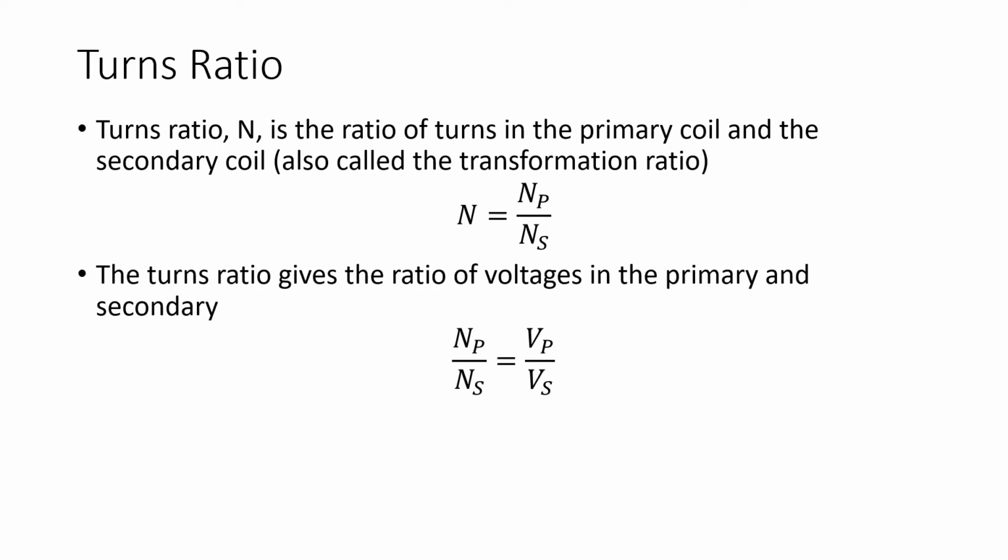And this ratio of NP to NS also gives us the ratio of voltages in the primary and the secondary. So as seen, NP over NS equals VP over VS.